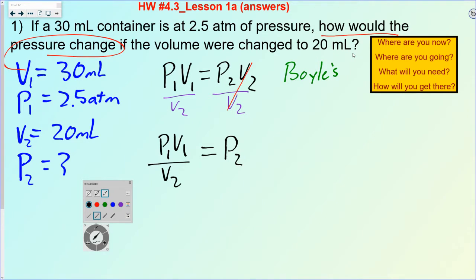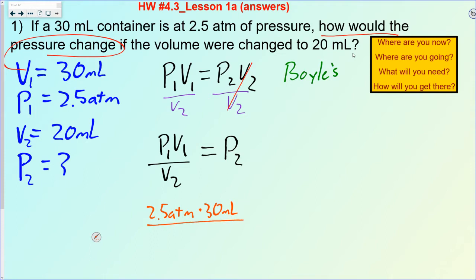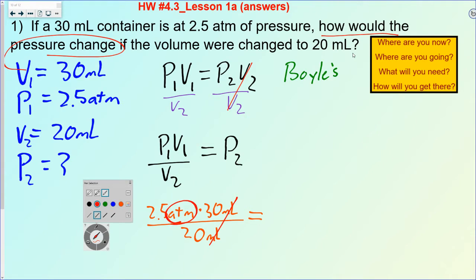So now when we put in the numbers, we can do a quick calculation in our calculator. Our volumes will cancel in this case, and we'll be left with the units of atmospheres, which is what pressure is.